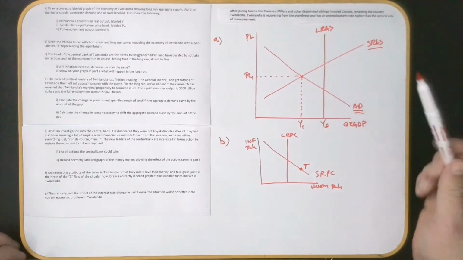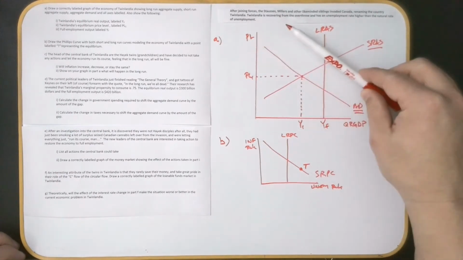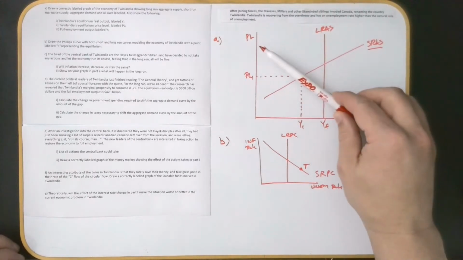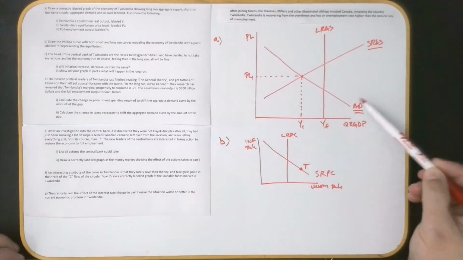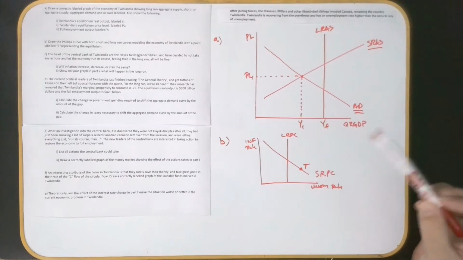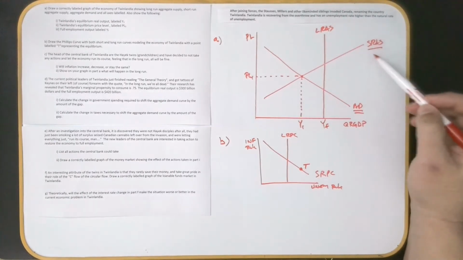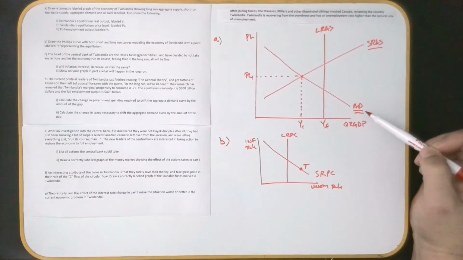So for this graph right here, we could either increase government spending to close it, we could cut taxes to increase consumption to close it, we could use monetary policy to lower interest rates to close it, but that's being an interventionist. If you decide to just be hands-off, you're letting the SRAS take care of itself. AD doesn't change.